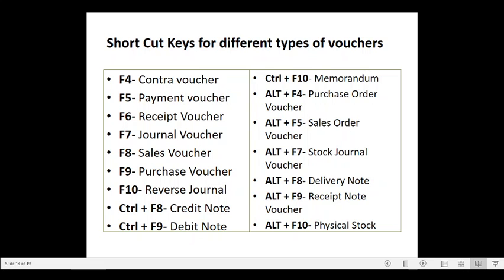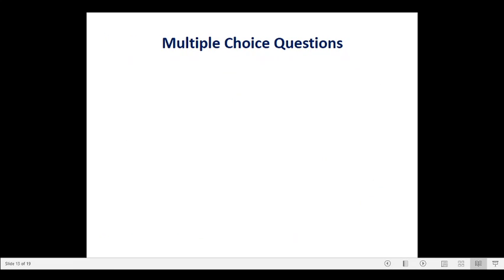Control plus F8 is for credit note, Control plus F9 is for debit note, Control plus F10 is for memorandum, Alt plus F4 is for purchase order voucher, Alt plus F5 is sales order voucher, Alt plus F7 is stock journal voucher, Alt plus F8 is for delivery note, Alt plus F9 is for receipt note voucher, and Alt plus F10 is for physical stock.